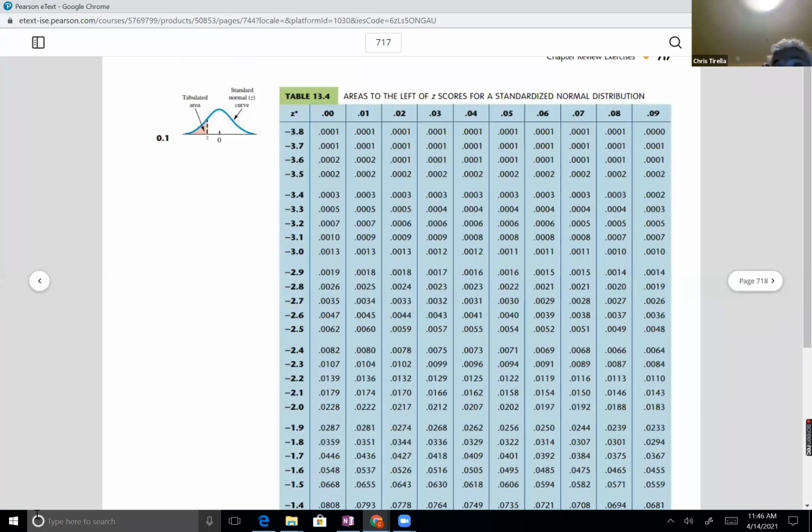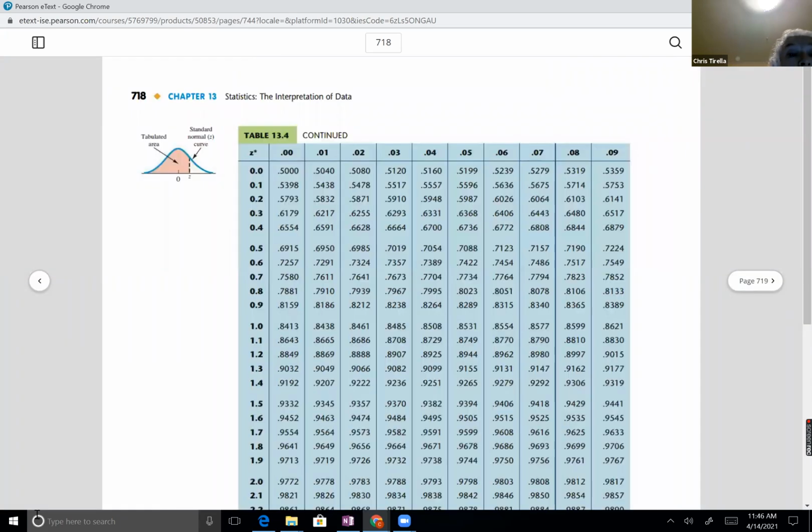But our z-score was positive, so I'm going to look at the part of the table on page 719. And we had said that our z-score was 1.75. And so the first two digits is 1.7. So I'll go over here to the row for 1.7.